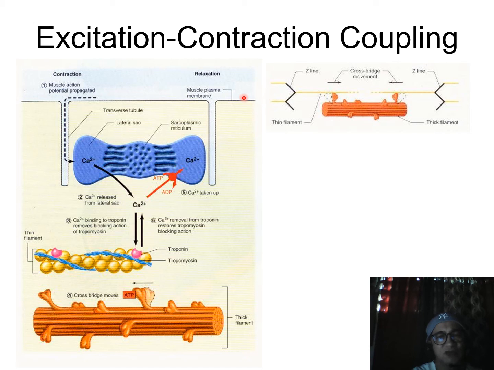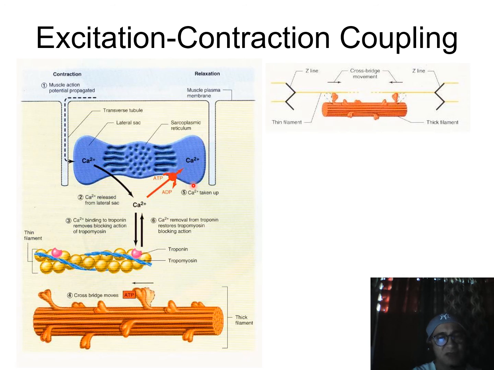When waves of action potential travel from the neuromuscular junction and along the muscle membranes, these waves of action potentials travel along the transverse tubules. That in turn evokes depolarizing potentials at the sarcoplasmic reticulum.